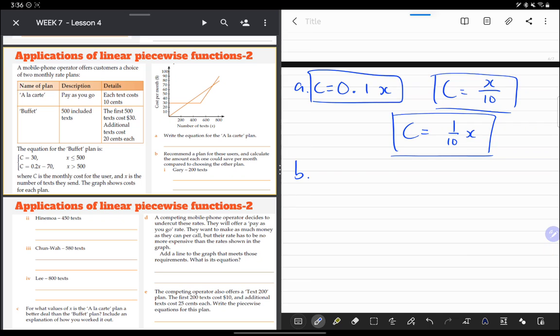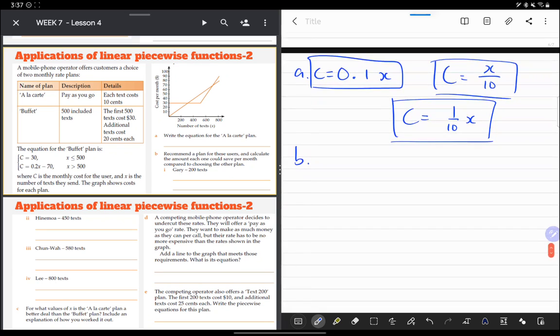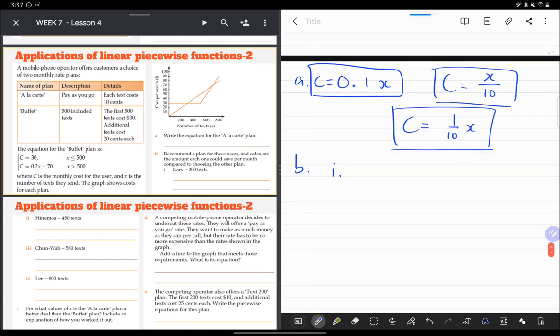Okay, B. Now we're recommending plans. Not only do we have to say which one's better, we also have to say how much they would save. Now, Gary is going to have 200 texts per month. If we look at the buffet plan equation, that's the first equation. We know Gary's going to pay 30.